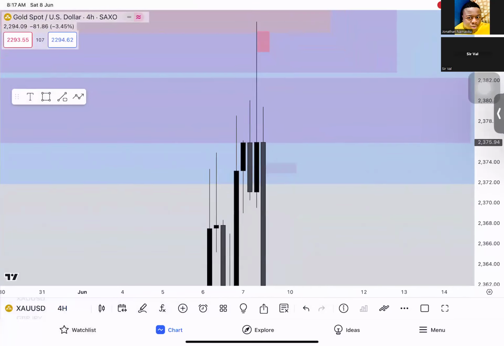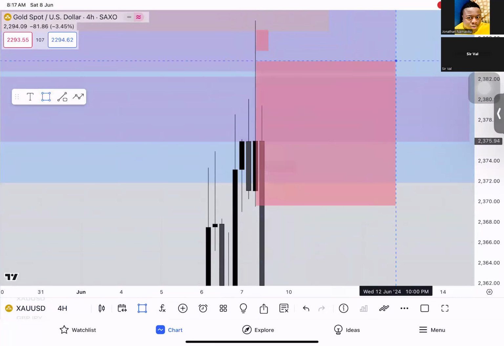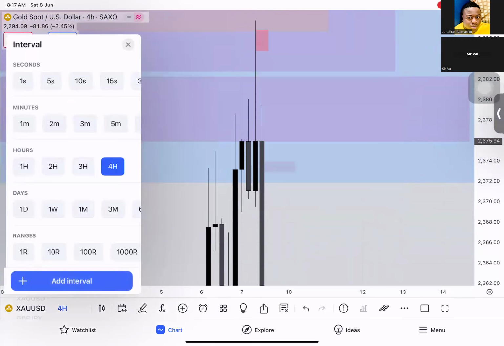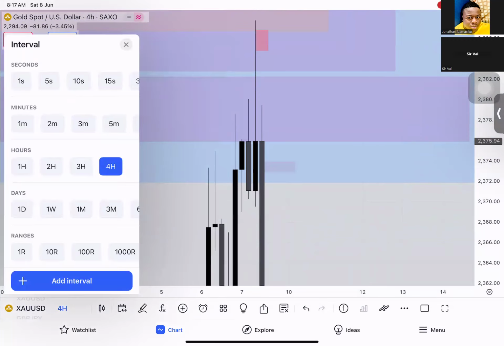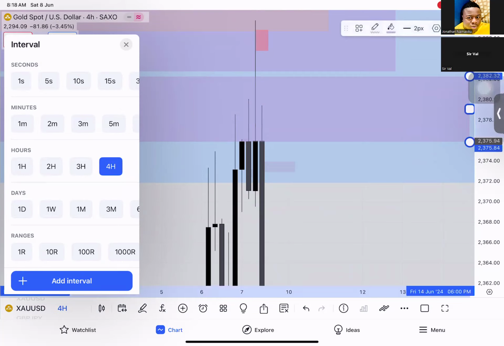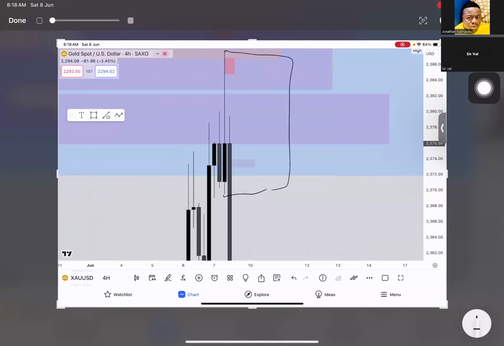So let's see on H4. But now if you want to enter on low risk, we can enter based on M15, but if you want low risk, you need to wait for H4 to create the new zone here, an engulfing sell.